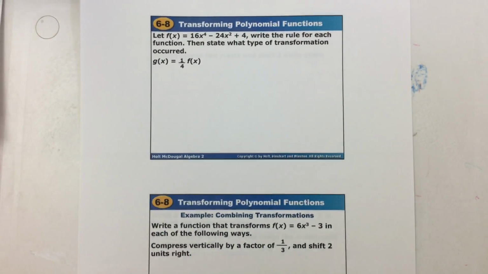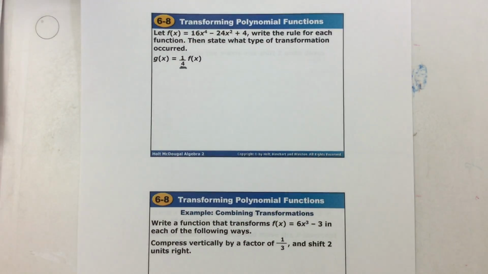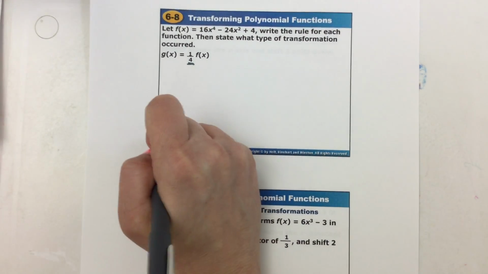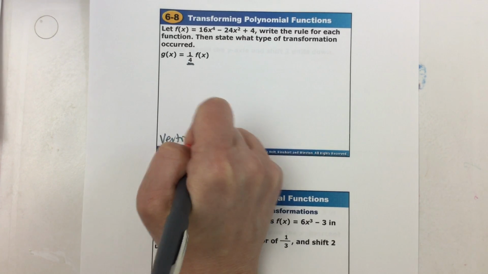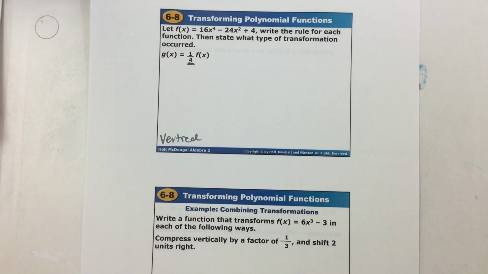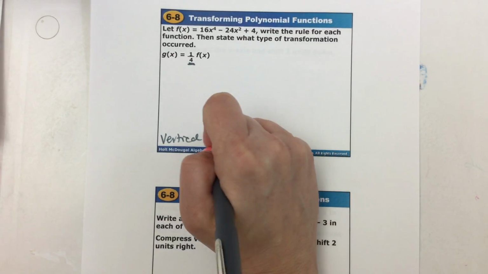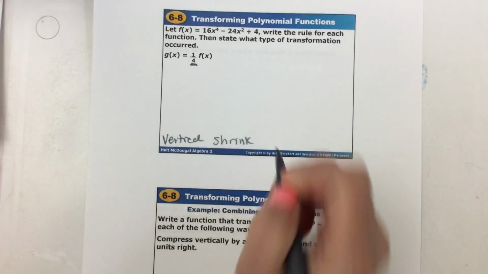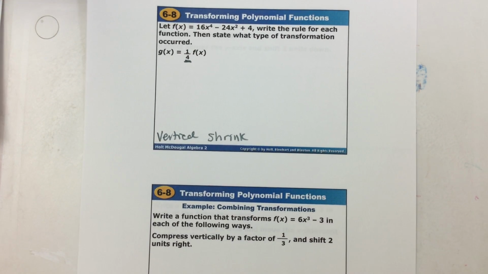Okay, here is another one. If I have a number being multiplied out front, if it's out front, not in parentheses, it's vertical. Vertical, you keep the number how it is. This is 1/4. 1/4 is smaller than 1, so this is a vertical compression, also sometimes called a vertical shrink.